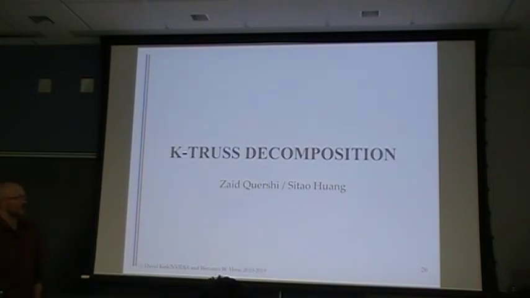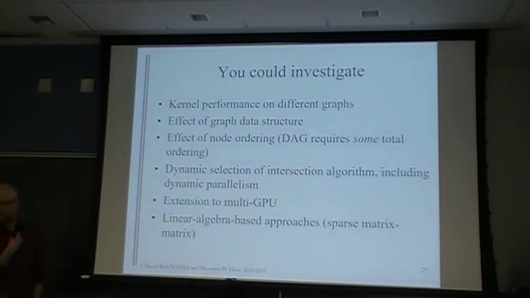So I'm going to let Zed talk a little bit about K-truss decomposition now. We could maybe even elaborate it just a little bit here. In a lot of methods, triangle counting is what we call a primitive, right? So these primitives can be invoked many, many times.